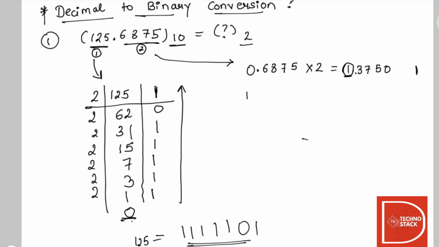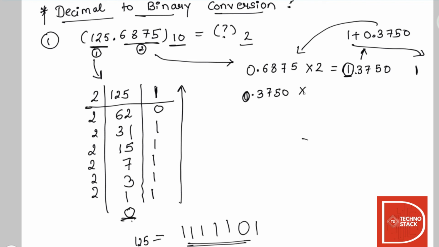So this becomes 1 plus 0.3750. We keep 1 over here and transfer 0.3750 times 2, which becomes 0.7500. That is 0 plus 0.7500.